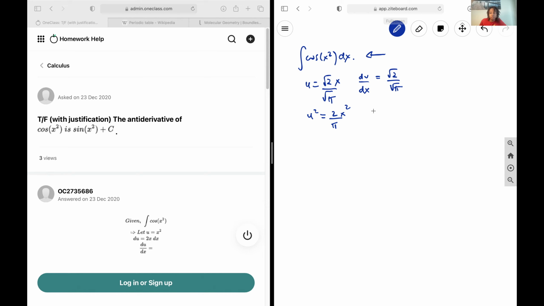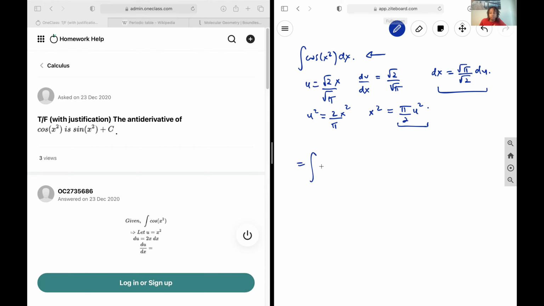And so x squared is going to be pi over 2 u squared. And so here we're going to isolate dx, which is equal to root pi over root 2 du.